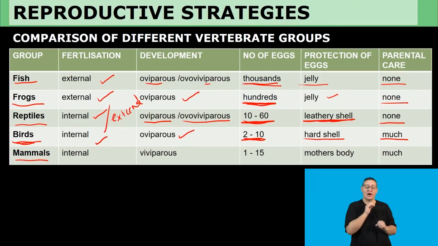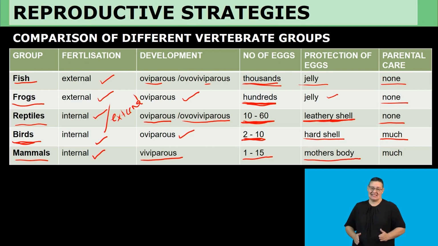Mammals, fertilization is internal and the development type is viviparous. Not oviparous and not ovoviviparous, but viviparous. The number of eggs is between 1 and 15. You can see the reducing number as well. And protection of the eggs takes place in the mother's body where development takes place. And indeed, there is a lot of parental care that is needed.